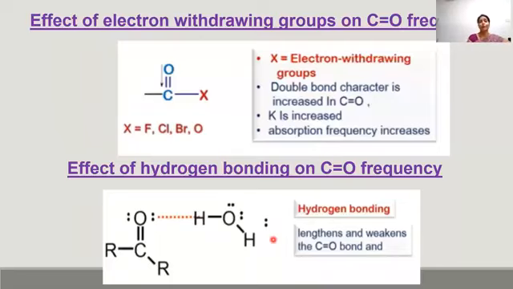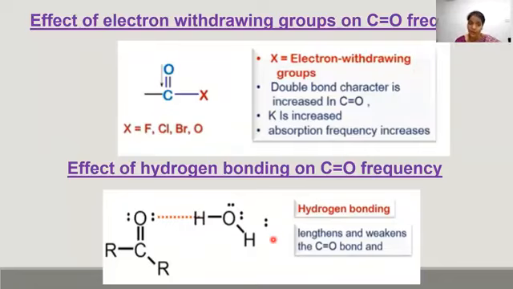When electron withdrawing groups are attached to the carbonyl group, these groups attract the electrons from the oxygen and increase the electron density between carbon and oxygen. When the electron density between carbon and oxygen increases, the double bond character of the carbonyl group increases.